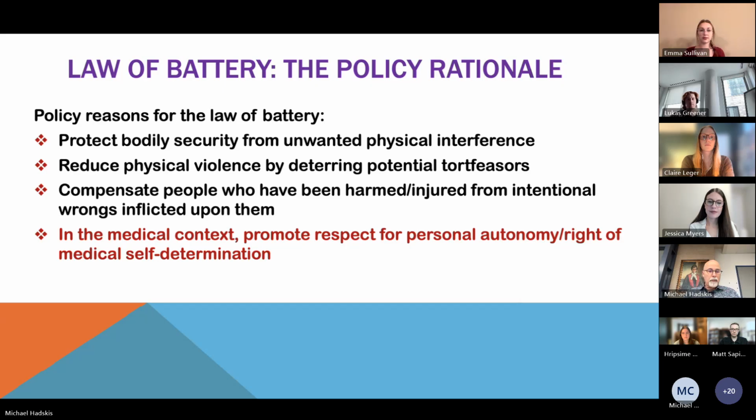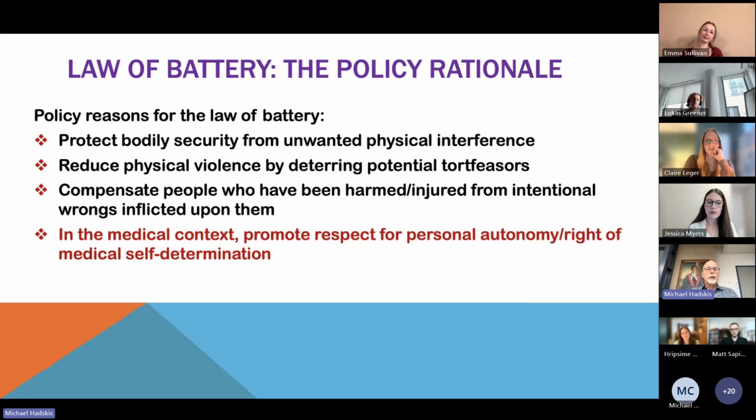Okay, so the policy rationale then for the tort of battery, why is it included in the justice system? What purpose does it serve? And I've listed 4 on this slide. One is to protect bodily security from unwanted physical interference, which is basically to encourage people to keep their hands to themselves, if you will.